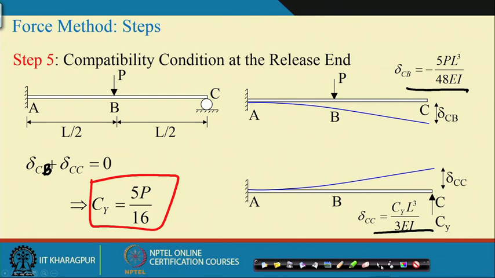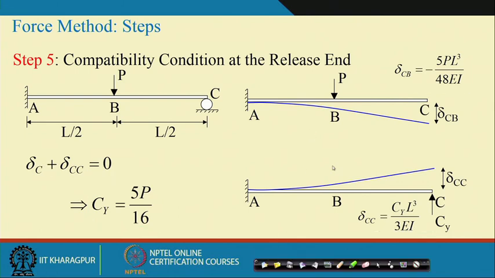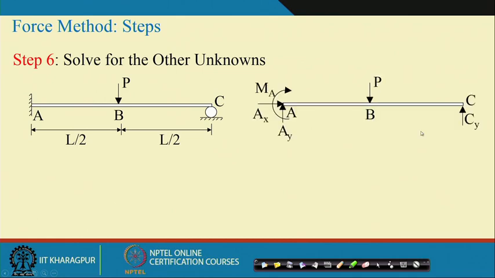So, now once we know the reaction at point C, the next step is, this is now known. If we apply the free body diagram, this is the free body diagram. In this free body diagram, initially, before doing all this exercise, we had 4 unknowns: Ax, Ay, 1, 2, 3 and then 4.